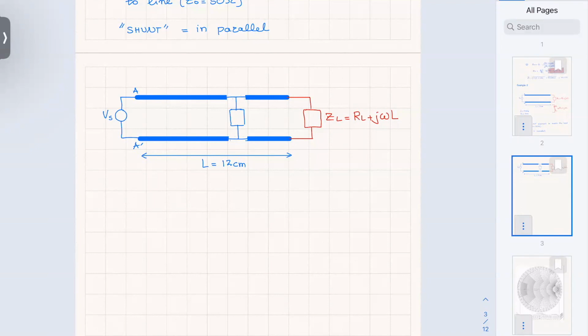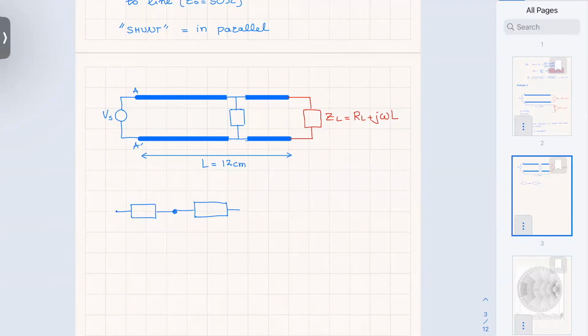Then we know it's parallel. Now on the Smith chart, you can only sum things. You cannot do multiplications. You cannot do divisions, which means if you have two elements in series, like two impedances in series, on the Smith chart, you can add them.